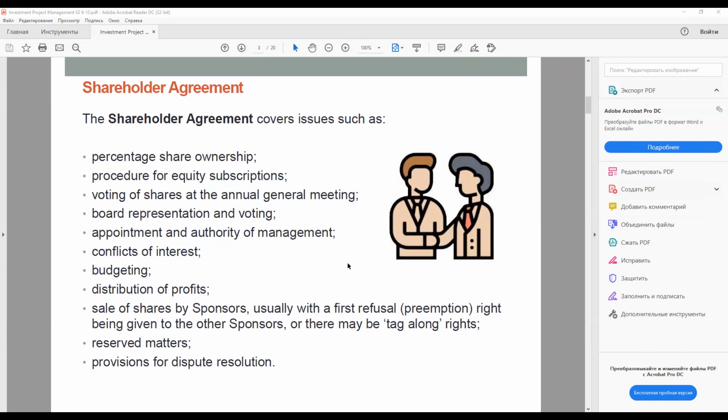Reserved matters, that is decisions which require the approval of all shareholders. Provisions for dispute resolution. It's very important because a very usual situation now is when we have two or three original shareholders of companies who were the founders of the businesses in the last 20 to 30 years.